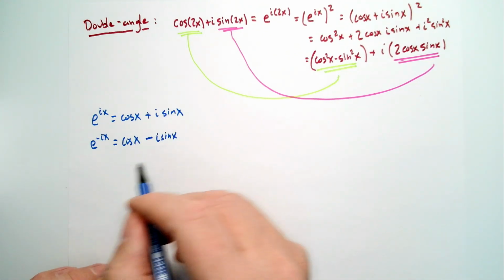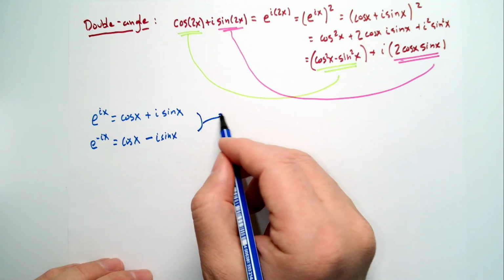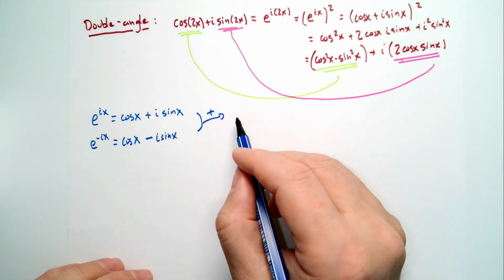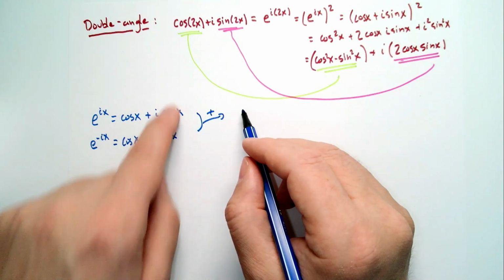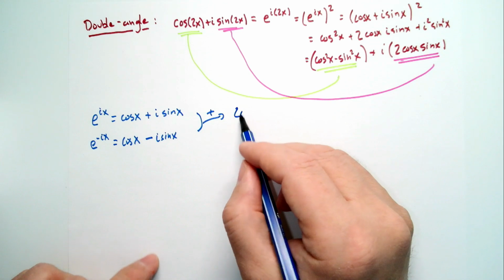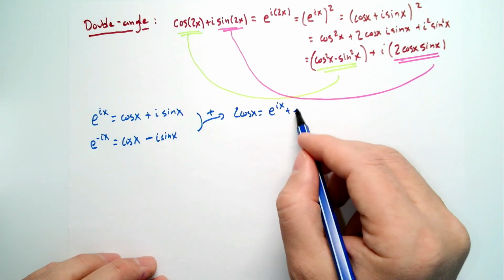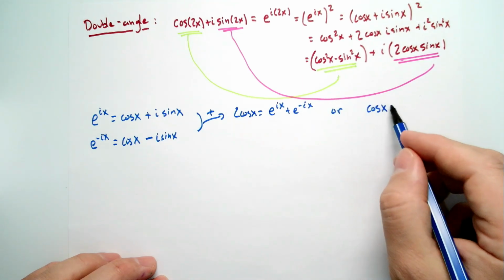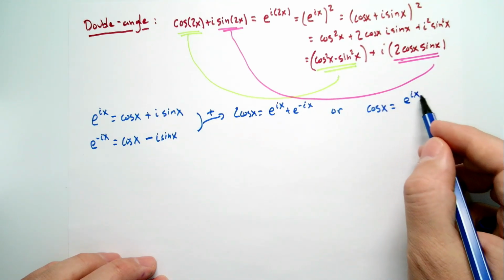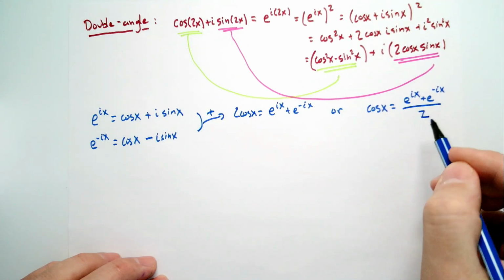So if we now add, then what we get is the following. When we add on the right, the sine x's cancel, so we get 2 cosine of x is equal to e to the ix plus e to the minus ix, or we could say cosine of x is (e to the ix plus e to the minus ix) over 2.